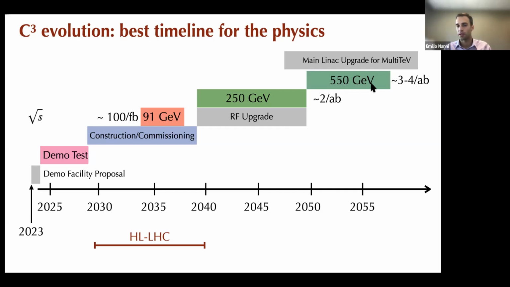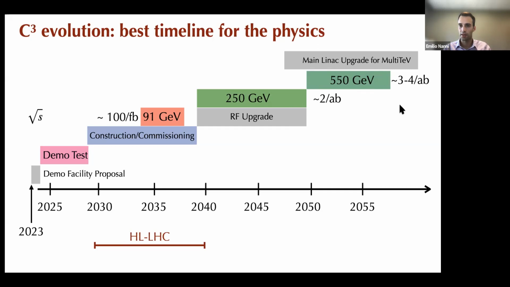That depends on the details of exactly what gradient you'd want to operate at and what the length of the main LINAC would be. Then, of course, you would be operating at this point for another significant period of time, and you could explore the possibility of, for example, increasing the length of the main LINAC further.